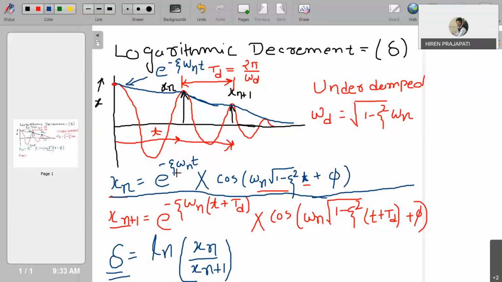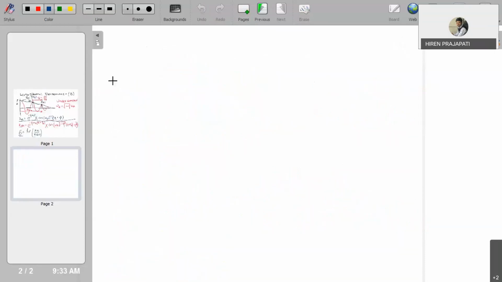That will be the power. Is it clear? Taking a new page, before writing delta, let me first write only xn by xn plus 1.